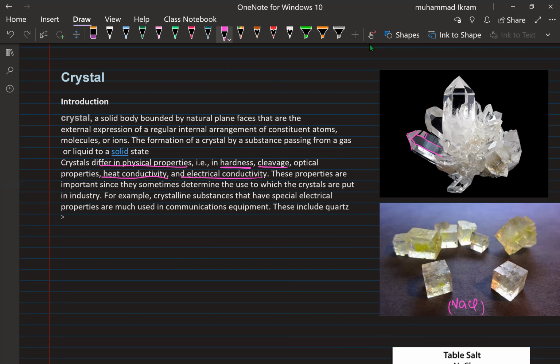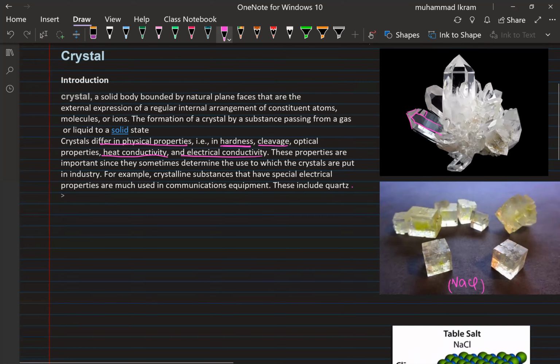These properties are important since they sometimes determine the use to which the crystals are put in industry. For example, crystalline substances that have special electrical properties are much used in communication equipment. These include quartz, for example. Other examples are also there. For example, we use diamond crystal to cut glass because of its hardness. So these are the various properties of the crystals.